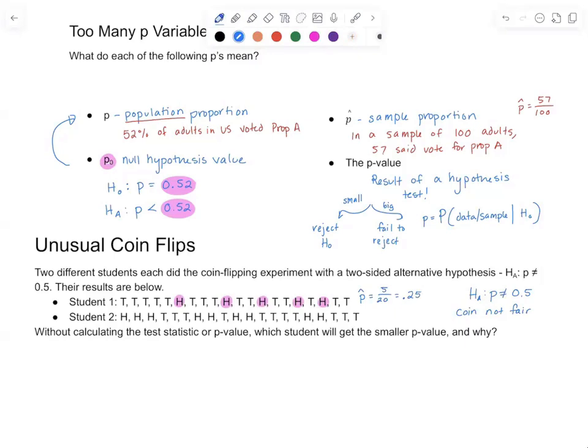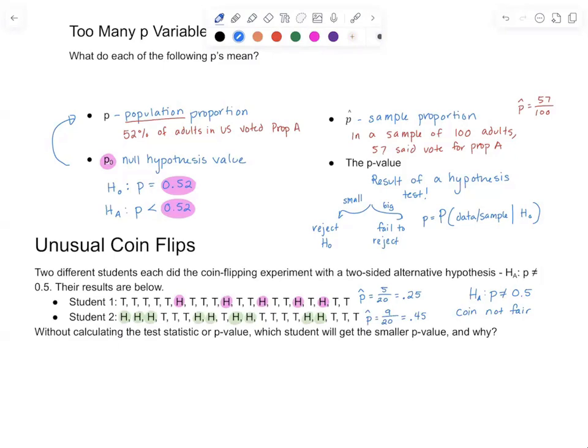That's pretty far from looking like a typical fair coin. For the second student, we've got 1, 2, 3, 4, 5, 6, 7, 8, 9 heads. So for the second student, p hat is 9 over 20, which is 0.45. Notice that's much closer to 50%.